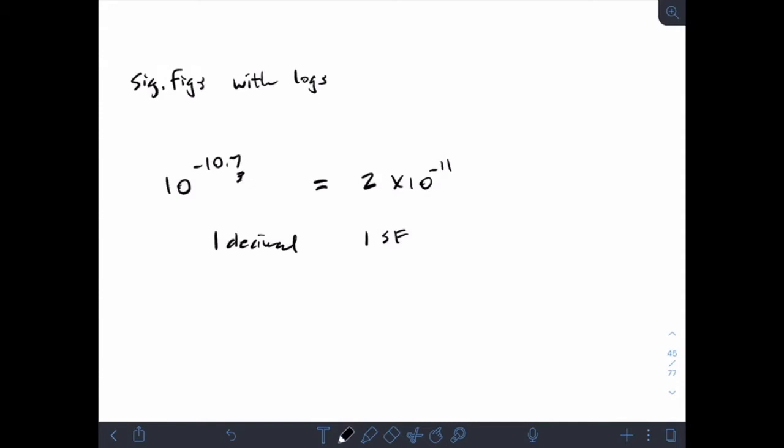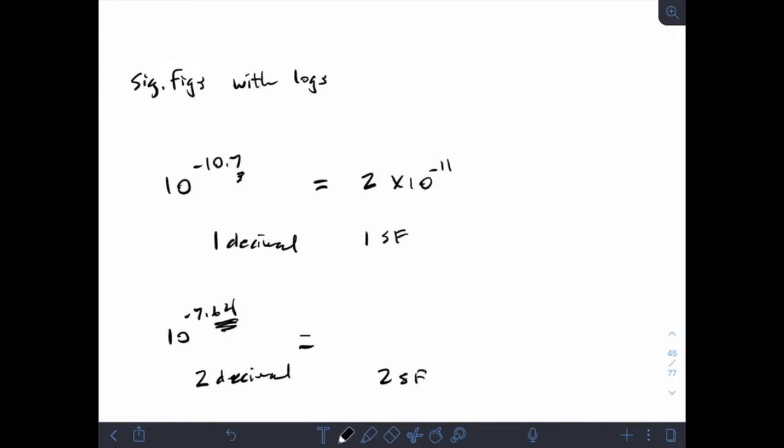Let's find another example that's maybe a little bit more elaborate. If I say 10 to the negative 7.64, I have 2 decimals right there, so in my answer I'm going to have 2 sig figs.